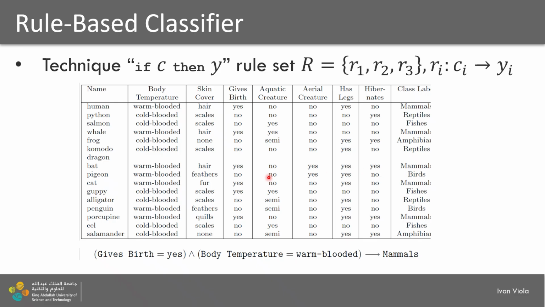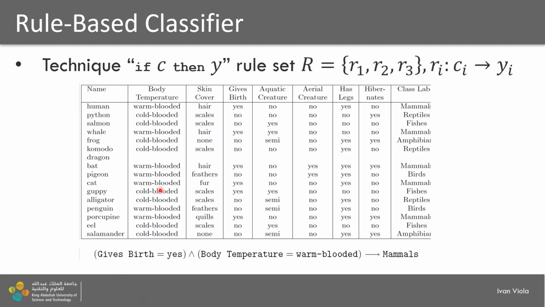And notice that, for example, it is also an aquatic creature. It's also an aerial creature, the bat, which would be most typical for birds, but it doesn't matter because this condition is not really testing for these aspects. It only tests two attributes in order to determine the mammals, which is sufficient in this case.